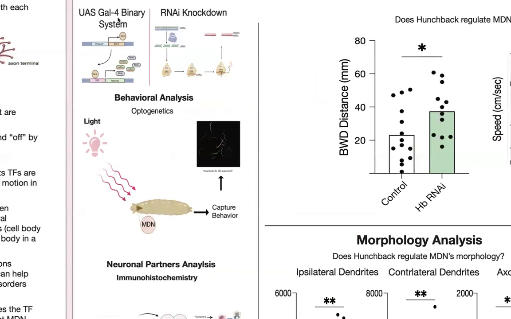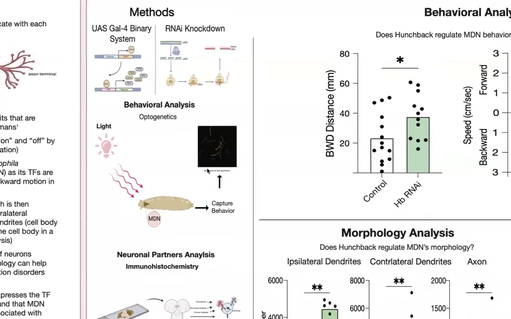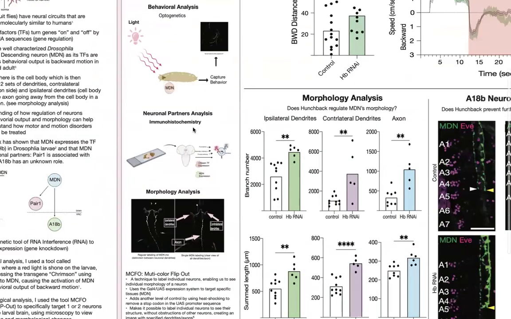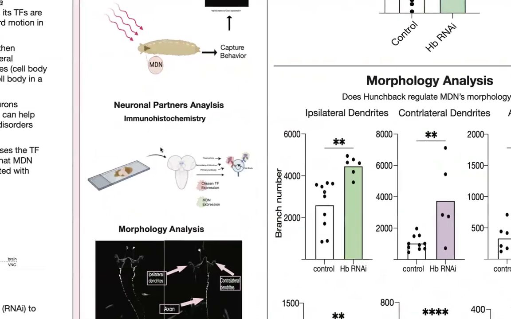This is done by using the Gal4 binary system to express Crimson, which is a transgene that gives MDN the ability to be activated using red light, and then we captured the behavior on a video. And then for the neuronal partner analysis, I used immunohistochemistry. So we dissected larval brains and then stained for MDN and its neuronal partners that we were interested in.